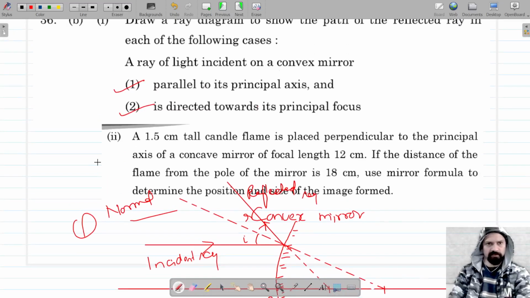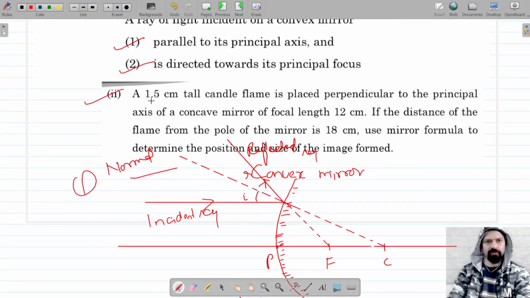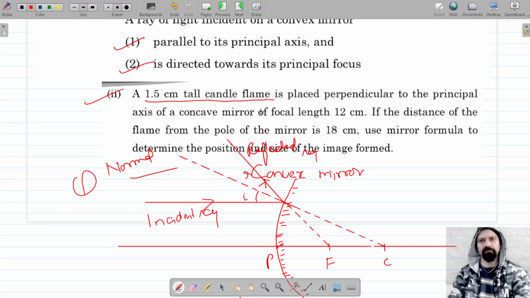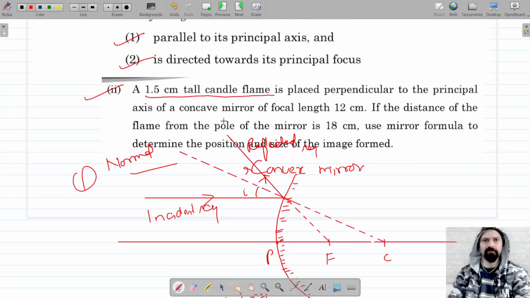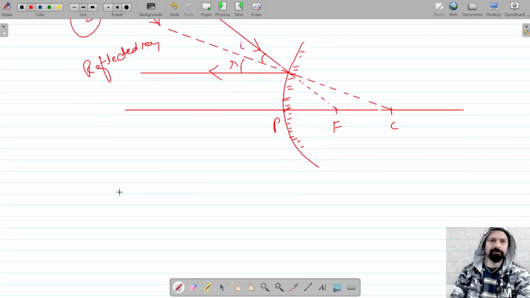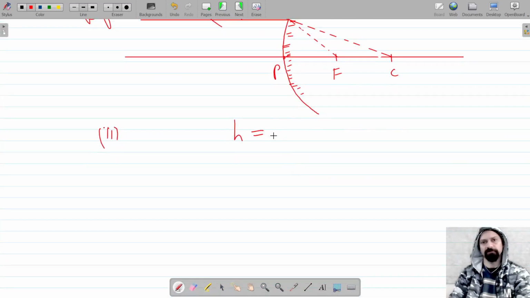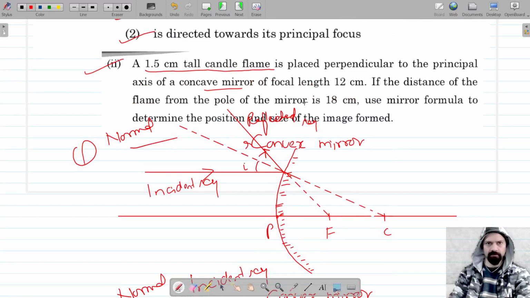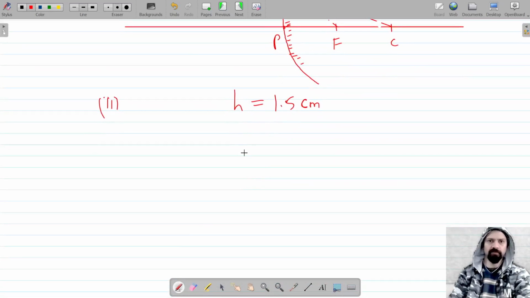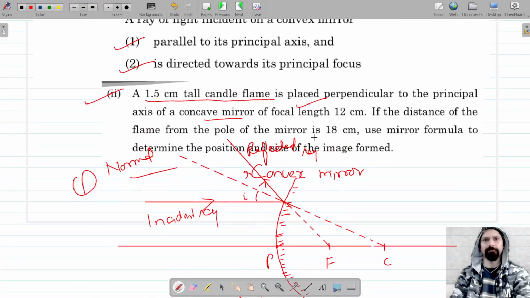So moving on to the next part, a 1.5 centimeter tall candle flame is placed perpendicular to the principal axis of a concave mirror. So here, this is part 2, and the height of the object is given by h. So it's 1.5 centimeter tall, and the principal axis of a concave mirror of focal length, for a concave mirror the focal length is negative, so it's negative 12 centimeter.